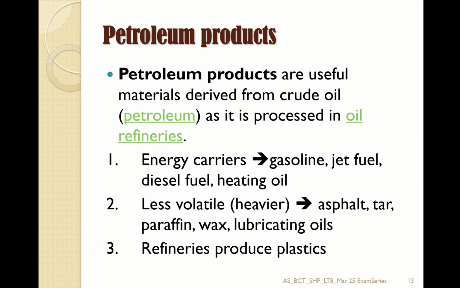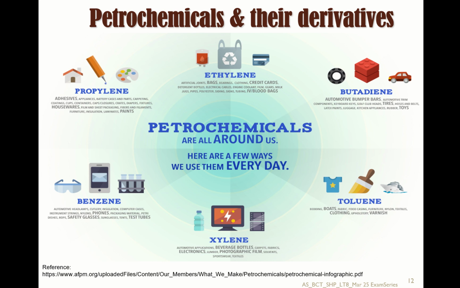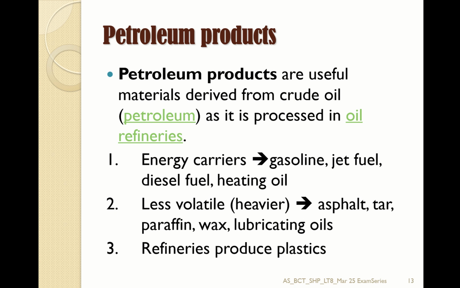So mainly petroleum products are useful materials derived from crude oil. You break down the crude oil, so you can make all the examples that you saw earlier. This is one of the main functions of a petroleum product, as an energy carrier. That means you burn it and you get energy from it, and you can use this energy to run your vehicles and so on.